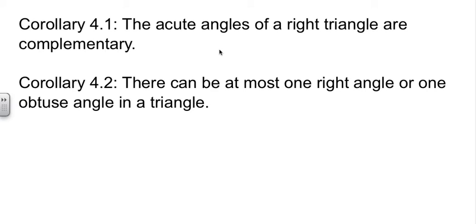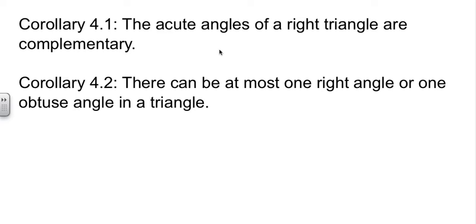So our first corollary, 4.1, the acute angles of a right triangle are complementary. Well, we know in a right triangle, we have one right angle. There's 180 degrees total, and one angle is 90 of those degrees. So that leaves 90 degrees for the other two angles to work with.